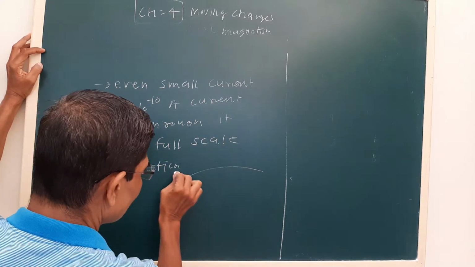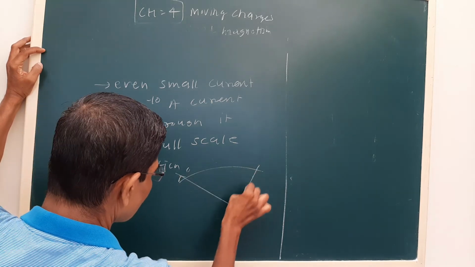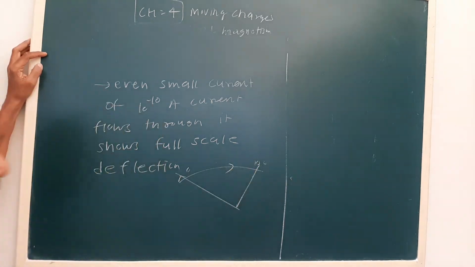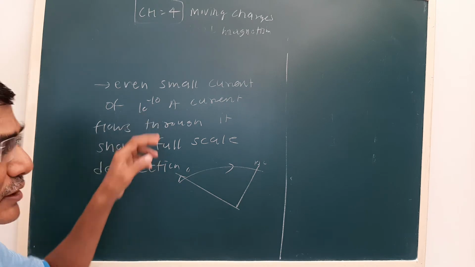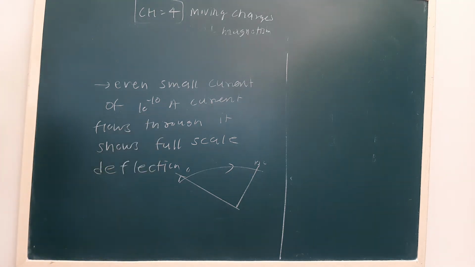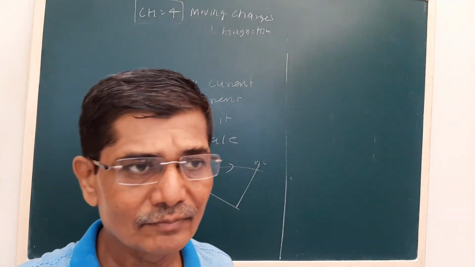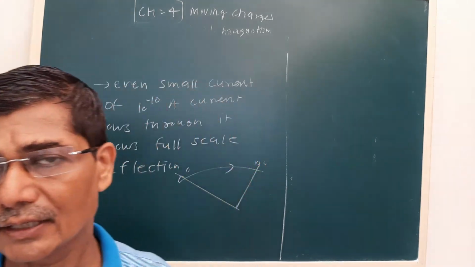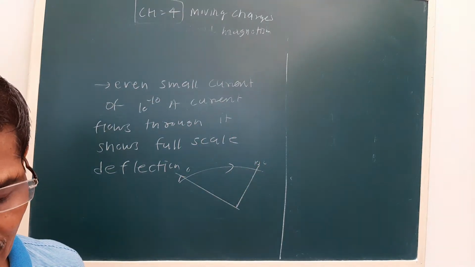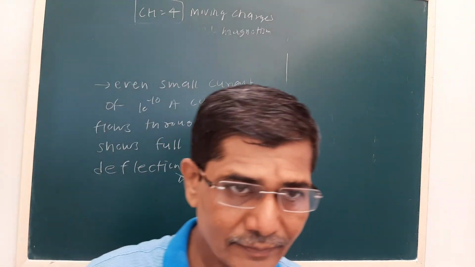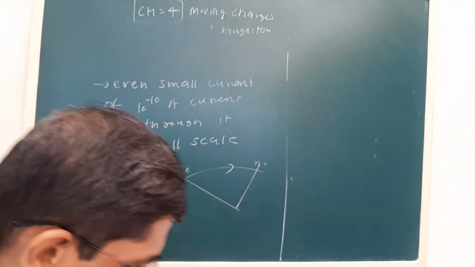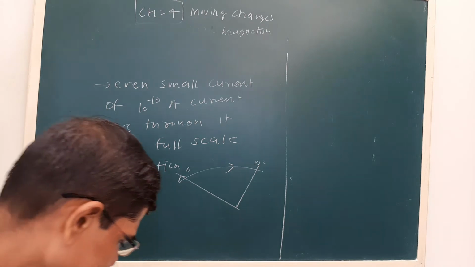That is, even a small current gives full scale deflection. So in that case, it cannot be used to measure larger currents. It is meant for a very small current. Suppose we have to measure a 2 ampere or 3 ampere current, we cannot use it directly. So what is the remedy? That we have to see in this section.